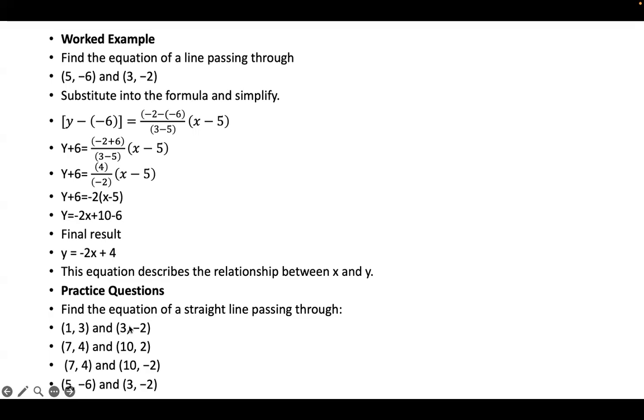Hello, sir. Please, I have a question. Let's go back to y plus 6 is equal to 4 over minus 2, multiplying x minus 5. In this case, the 2 is able to divide the 4. So let's say we are having a denominator of 3 there.